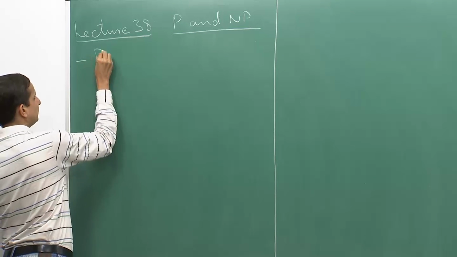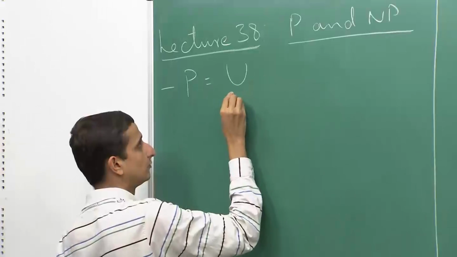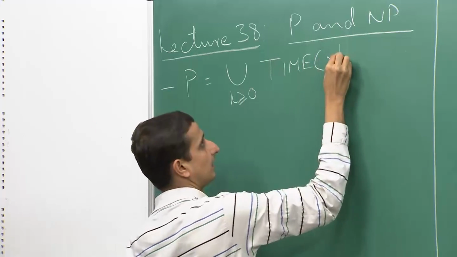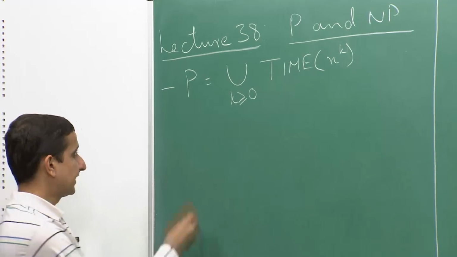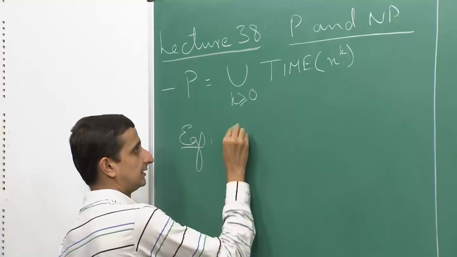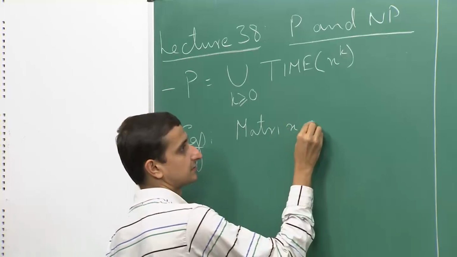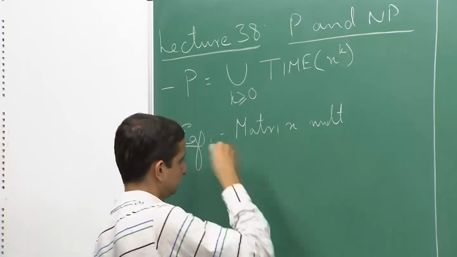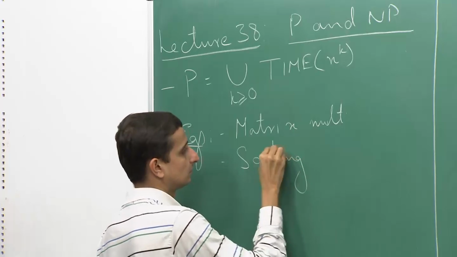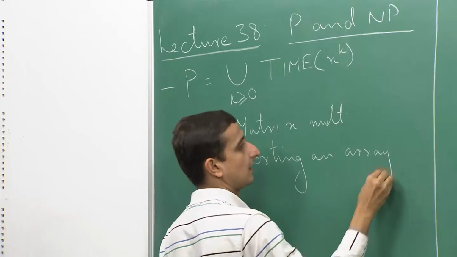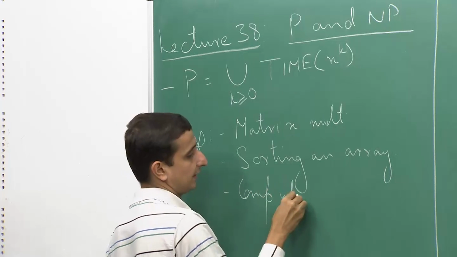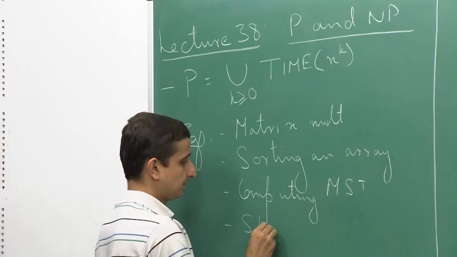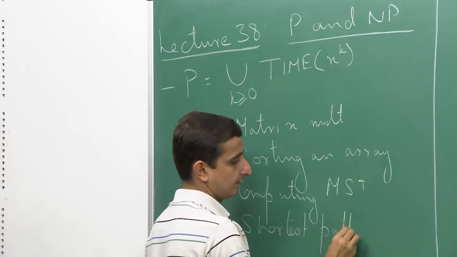So, P was defined as the union over all classes of the form n to the power k, and there are a lot of examples of problems in P. For example, matrix multiplication, sorting an array, computing minimum spanning tree of a graph, shortest path, okay, and so on.